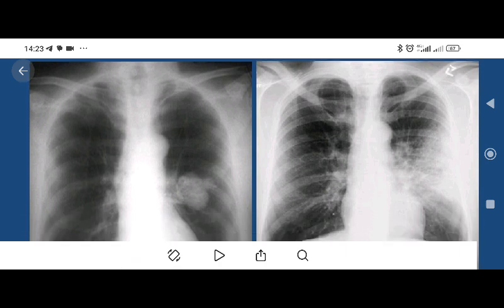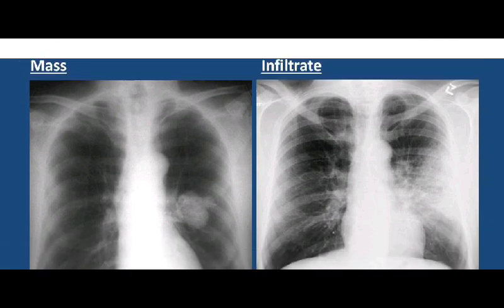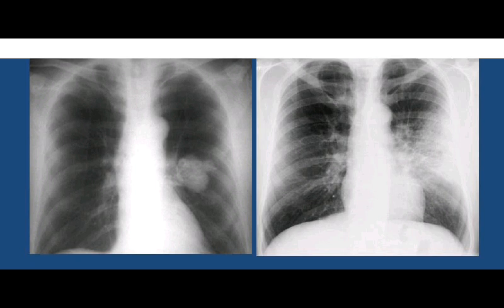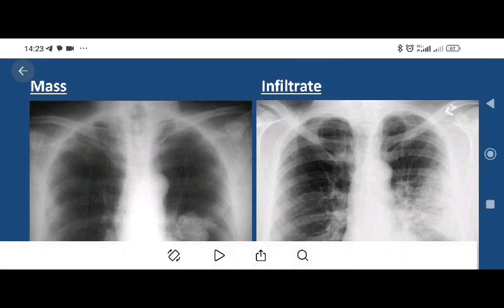Now we identify these things using Schiller's sign. If you remember in class, you can see that there is a mass in the left middle lobe. Then an infiltrate. An infiltrate normally occurs during trauma, as I said before. When a patient is stabbed and there is accumulation of blood or fluid in the lungs, that is an infiltrate. From the name, you understand that an infiltrate is something that occupies, like fluid or blood, like you can see here.